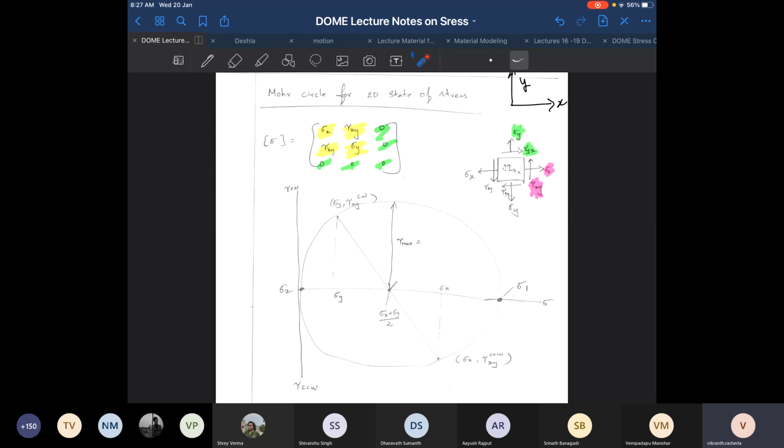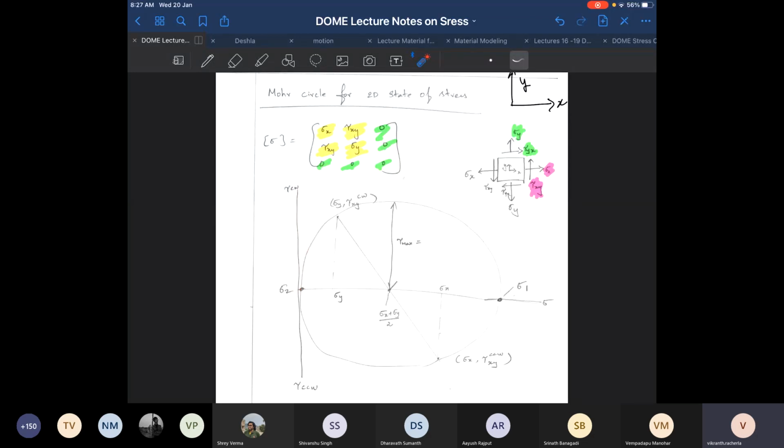Okay. Now first you would mark 2 points on this particular axis. One is sigma x comma tau xy counterclockwise. So in this axis, this is the counterclockwise direction shear stress. This is the clockwise shear stress.